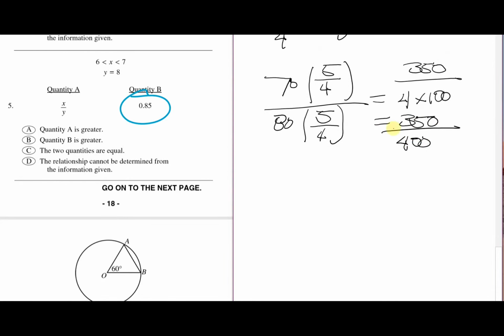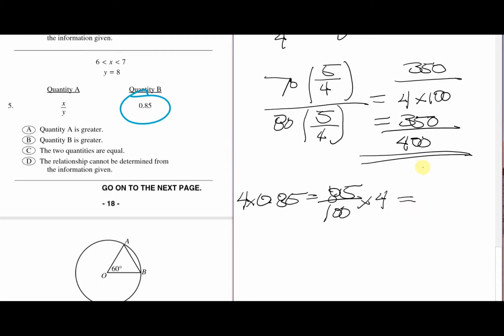Okay, so given that information, we also know 0.85 is 85 over 100. And we multiply this by 4 over 4: 85 times 4 is 340, 100 times 4 is 400, so it's 340 over 400. So the relationship's the same.